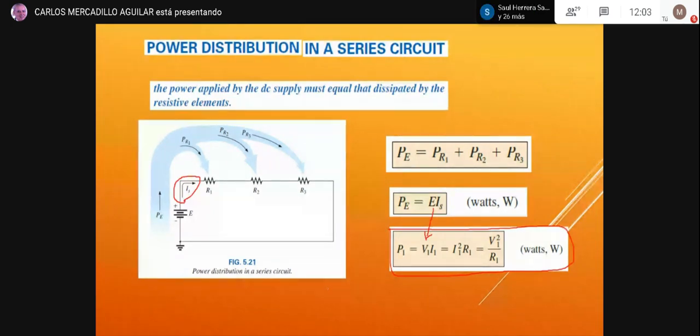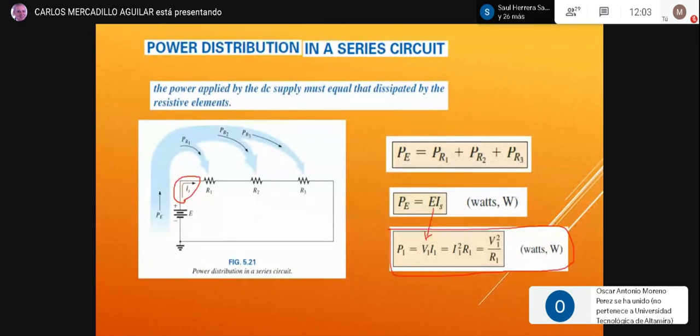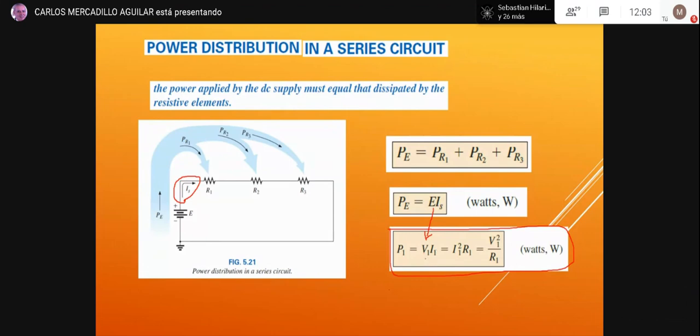If you know the voltage and the current, you just calculate using voltage times the current. If you know the current and the resistance, you can put the I squared and multiply by R. But if you don't know the current, but you know the voltage, you can put the voltage squared divided by R. How do we come to this?